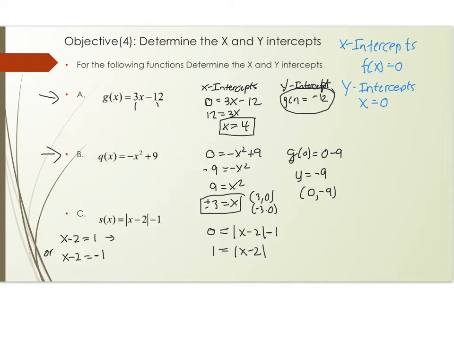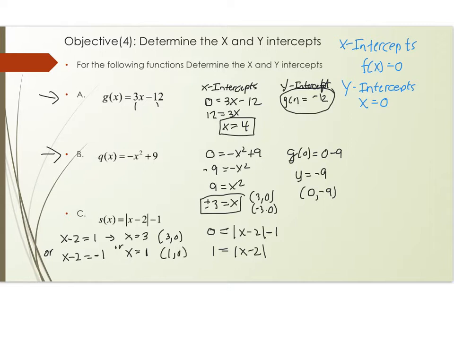So this means that x is equal to 3, or x is equal to 1. So our x-intercepts are going to be 3, 0. That's where it crosses the x-axis, or 1, 0.